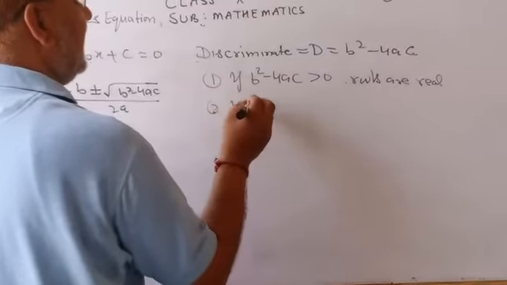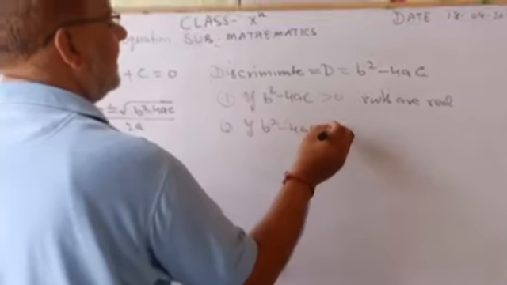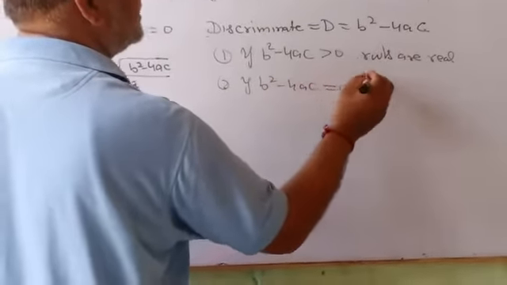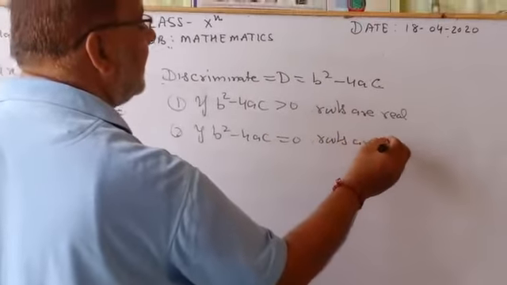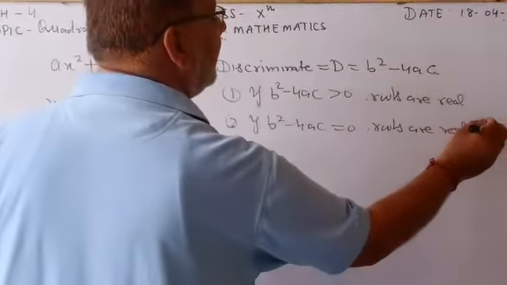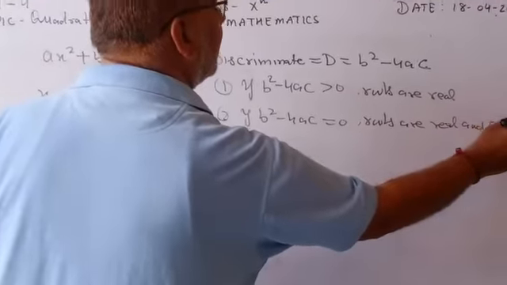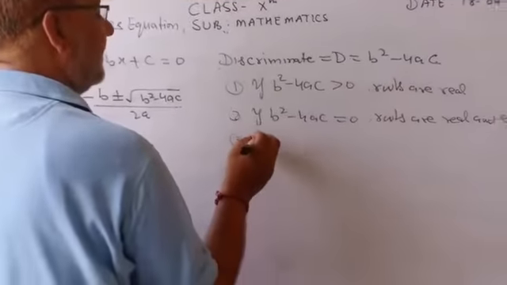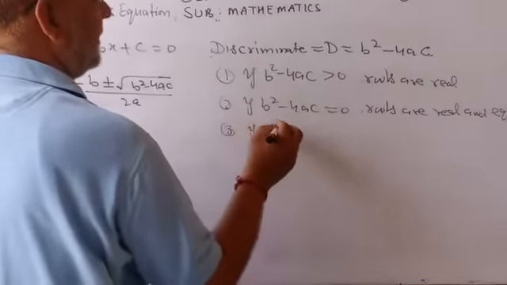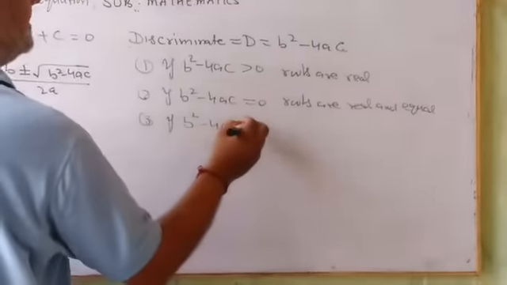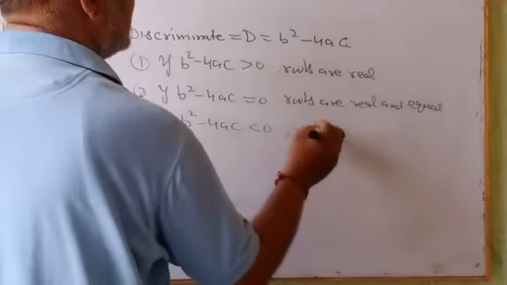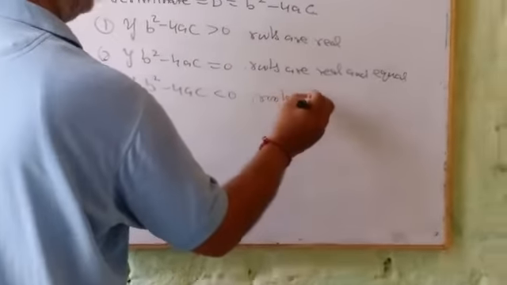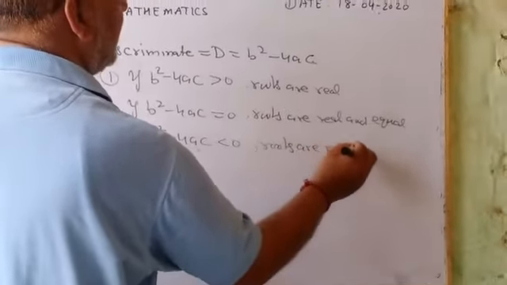If b square minus 4ac is equal to 0, then we write down roots are real and equal. And third, if b square minus 4ac is less than 0, roots are not real, or we can also say roots are imaginary.